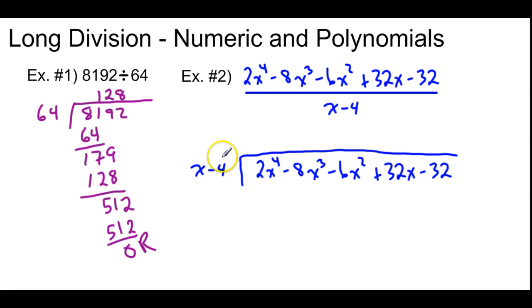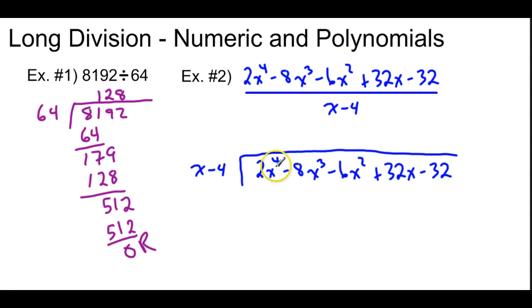And so I'm looking to determine how many times x divides into this term. And of course it's going to be 2x cubed times. And as I did here without even saying it, I lined up my hundreds with my hundreds and so on. It's an even better idea now to keep this lined up in terms of identical terms.